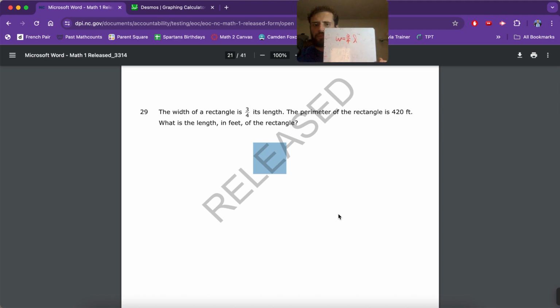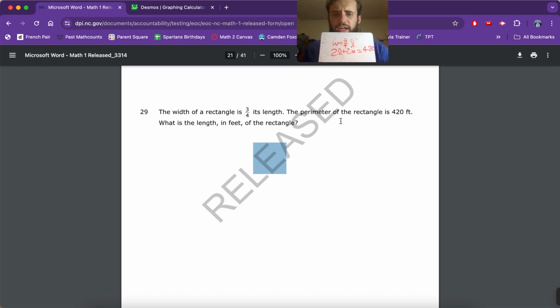So the perimeter is going to be 2 times the length. So, sorry, this is always annoying to do backwards. 2L plus 2W, right? 2 times the length plus 2 times the width is equal to the perimeter of a rectangle. Equals 420. Okay, 420. All right. So what is the length in feet of the rectangle?